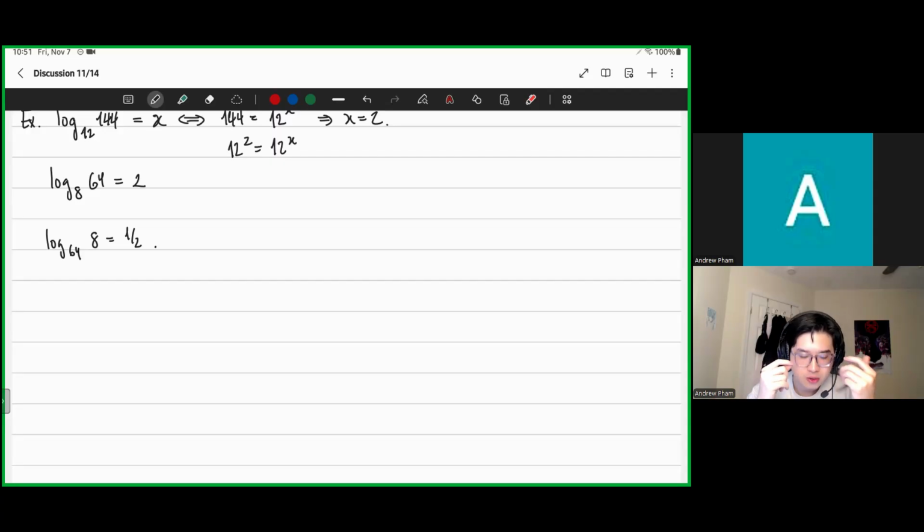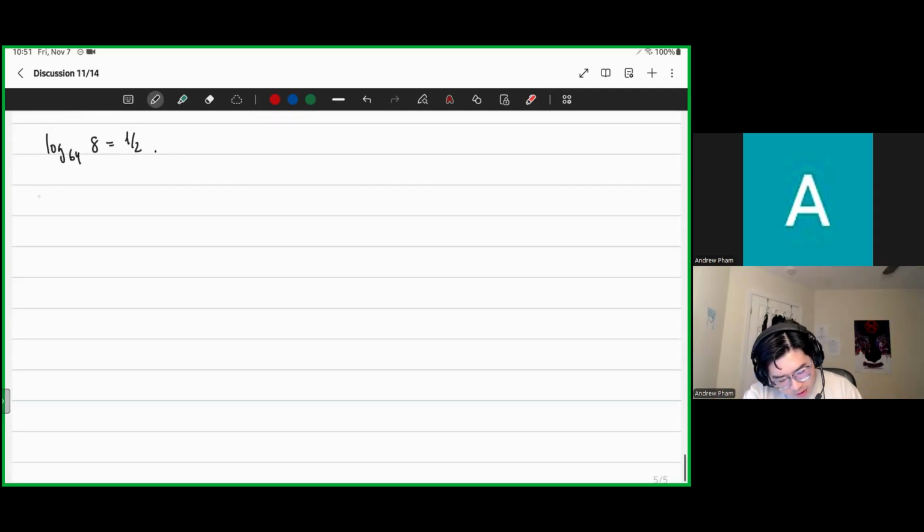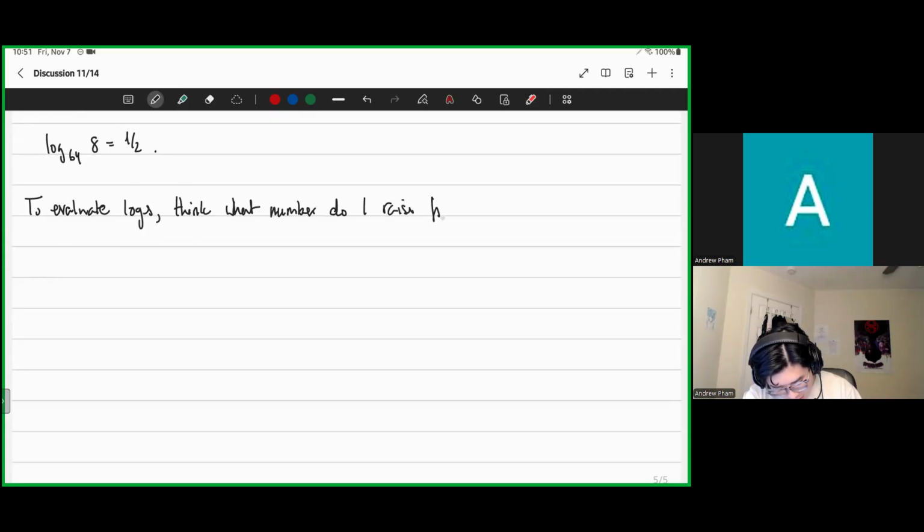The main principle is this; let me write it out. To evaluate logs, think: what number do I raise my log base to, to obtain the argument?